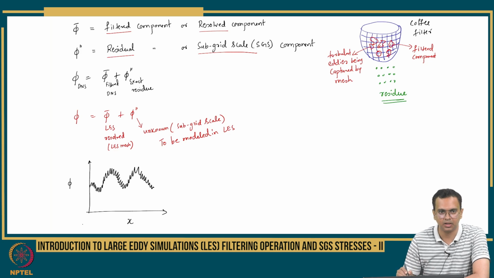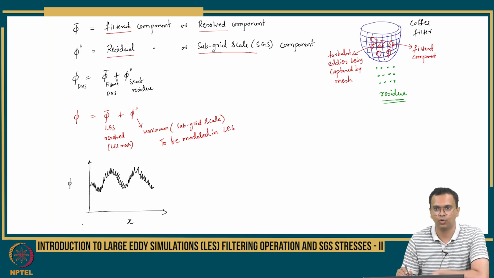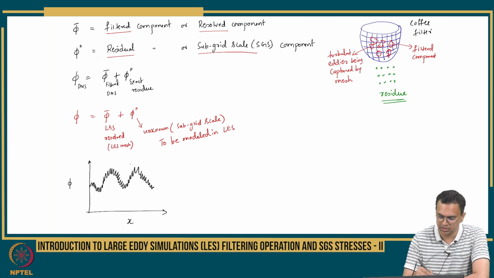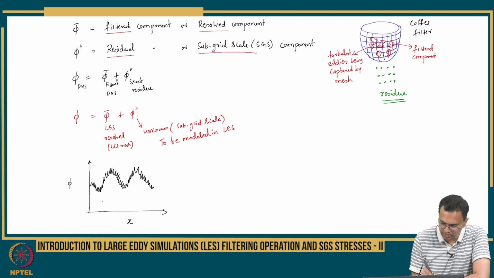I look at a 1D signature of a random component phi. There is high frequency noise here, and of course there is some low frequency turbulent signature also. If I set a filter size like this, let's say this is my delta. Delta is the filter size.